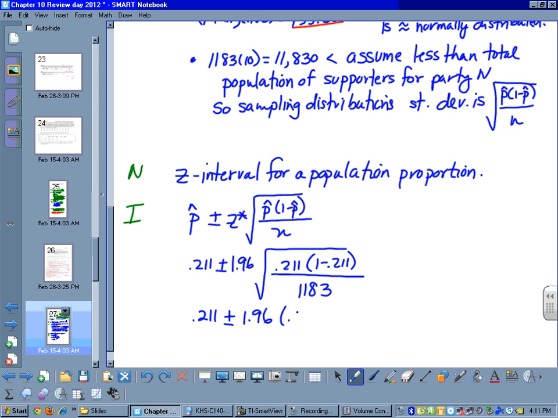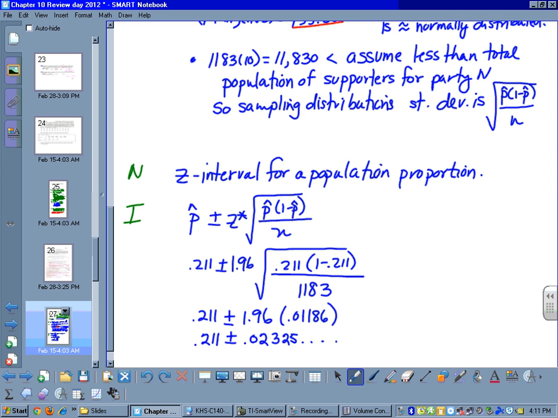I get 0.01186 for my standard error, which is not the same as part A because that was for a different party. Then if I take that times the 1.96, I have 0.02325 for the margin of error. I'm going to store that in my letter M.